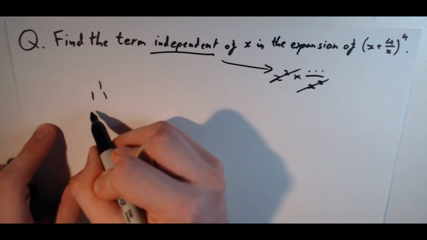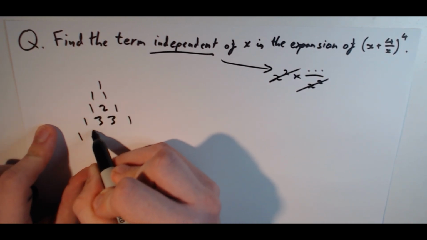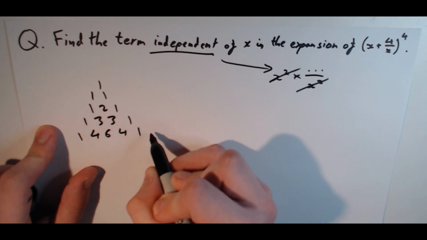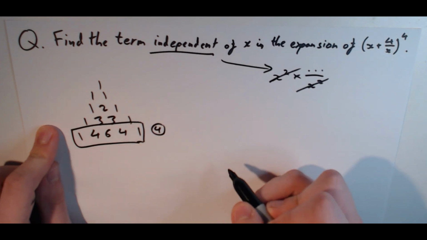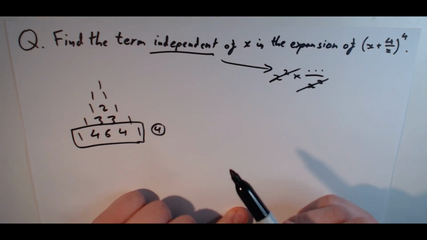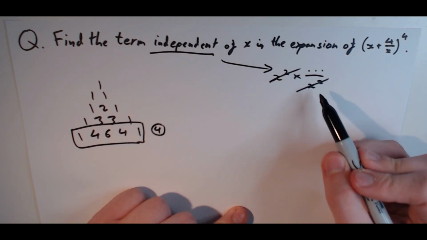1, 1, 1, 1, 2, 1, 1, 3, 3, 1, 1, 4, 6, 4, 1, and this is the fourth. So we box it to show this is the one we're using, and then we're going to write out the base expansion, but only to the point where we know these two terms cancel out.